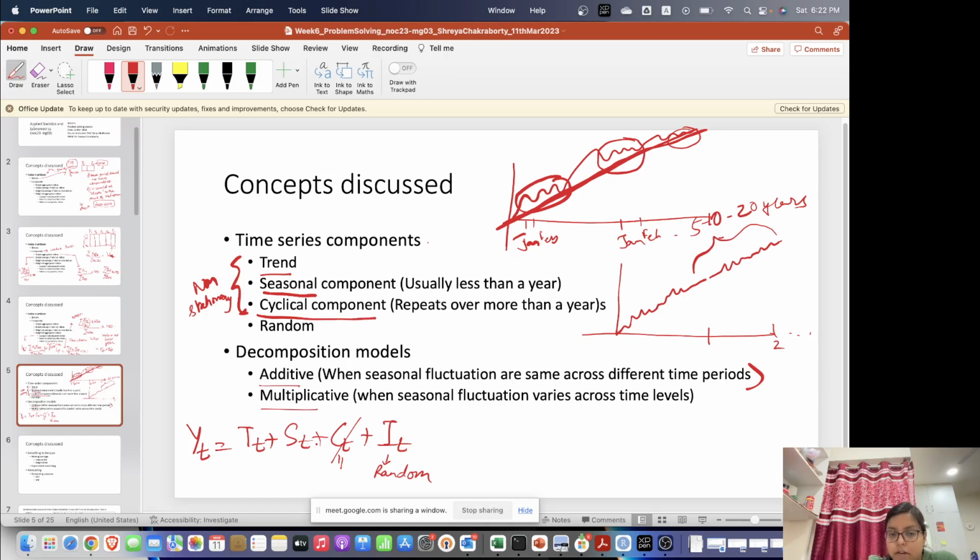It is fit when the seasonal fluctuation remains the same across different time periods. For example, if YT denotes the consumption of, let's say, electricity, these patterns remain more or less constant each year.